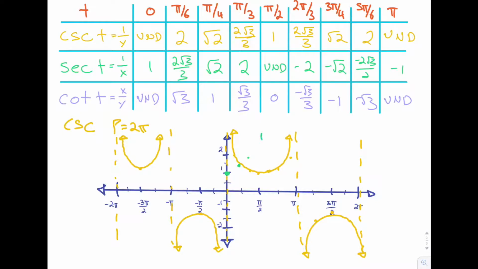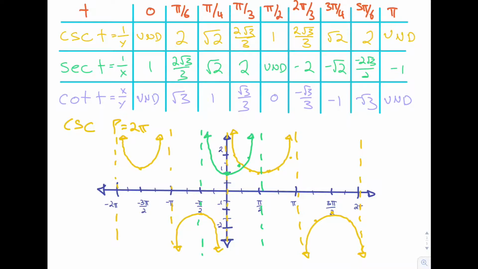So now we have an asymptote at pi over 2 for secant. If we go the negative direction along the unit circle, since we're still in the right half of the unit circle, we have more positive values until we hit negative pi over 2. So now we have this.